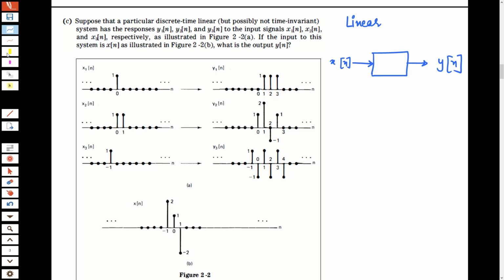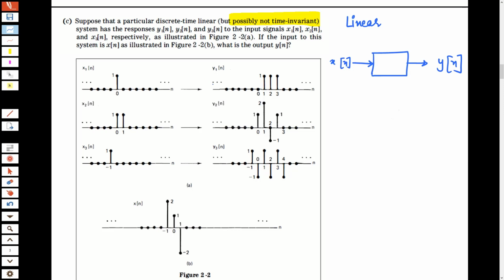But because it says possibly not time invariant, you cannot use the logic that if the input was shifted by an amount N, the output would be shifted by the same amount. So this property we cannot use. Only multiplying with a factor and assuming the output would be multiplied with the same factor is what we can use, and maybe addition.